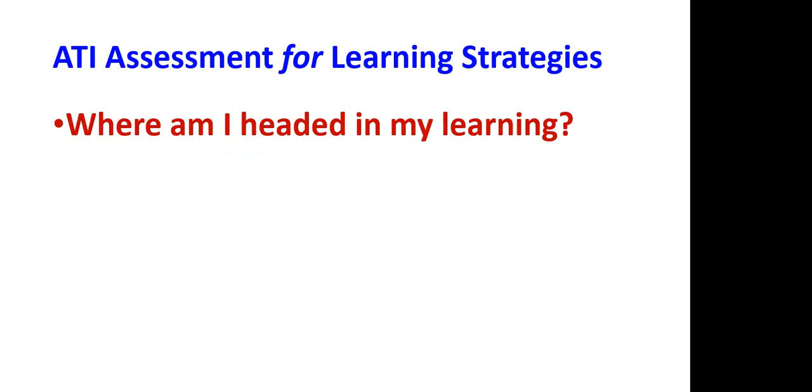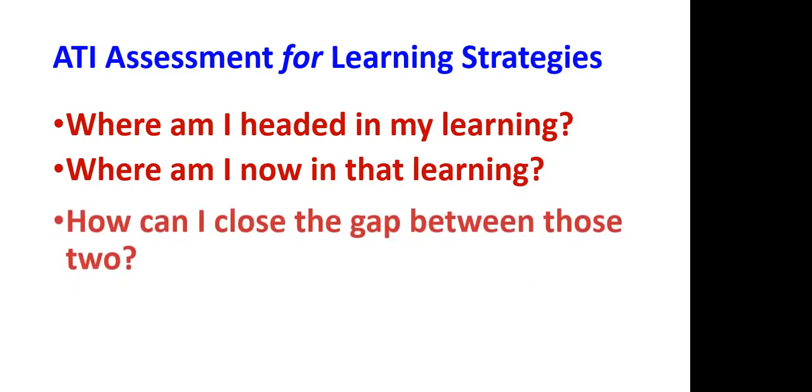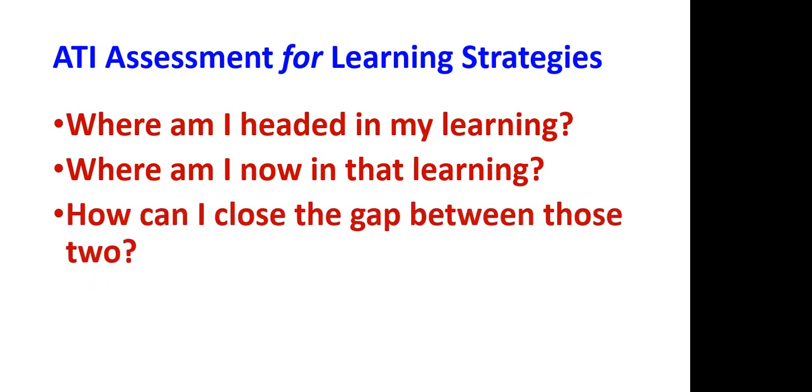The first question is, where am I headed in my learning? The second question is, where am I now in relation to that learning? And the third question is, and I want you to notice the locus of control here, how can I close the gap between those two? Do you see feedback written all over that?